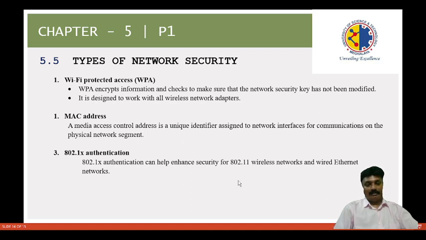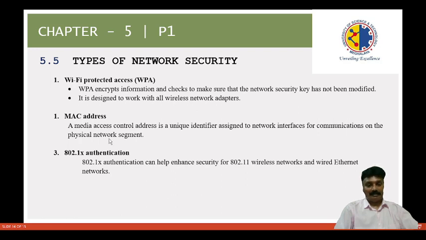Types of network security: Wi-Fi Protected Access. Wi-Fi Protected Access encrypts the information and checks to make sure that the network security key has not been modified. It is designed to work with all wireless network adapters.